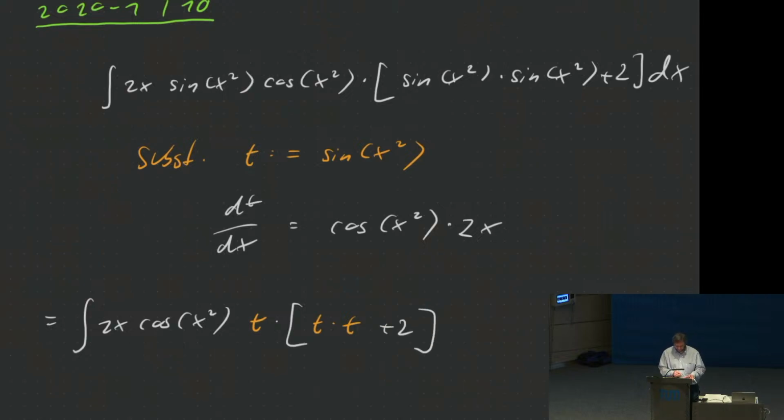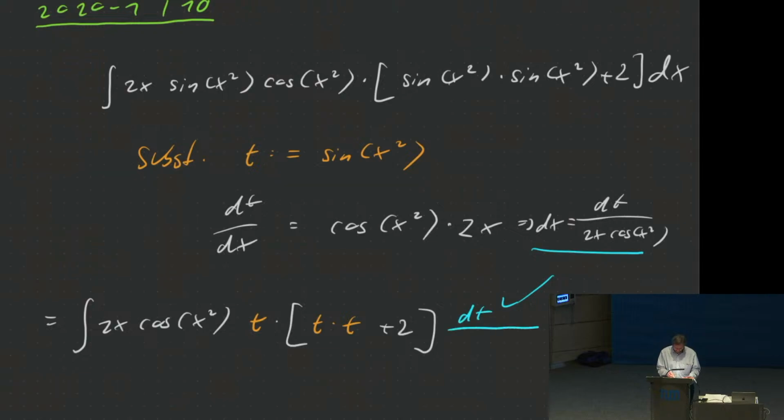Can't do anything with that. And then for the dx, still need to solve that. So dx in that case is dt over 2x cosine x squared. Right, so I replace that by dt over 2x cosine x squared.